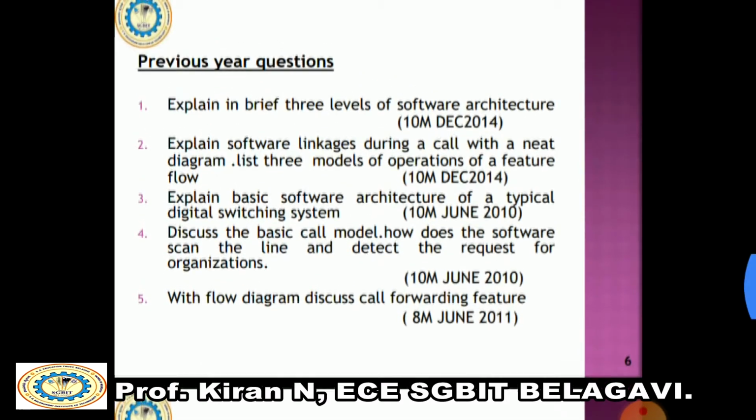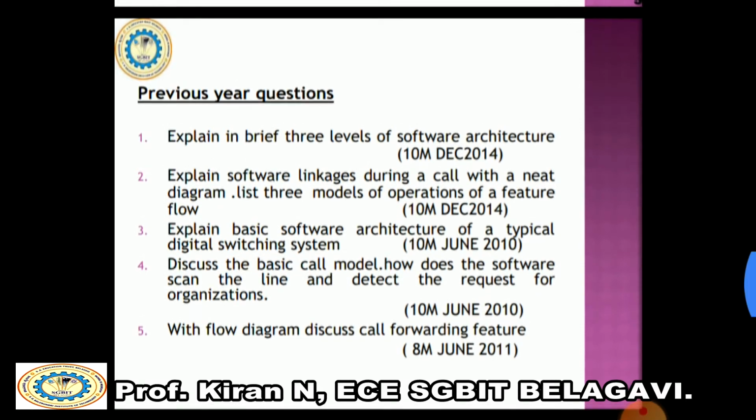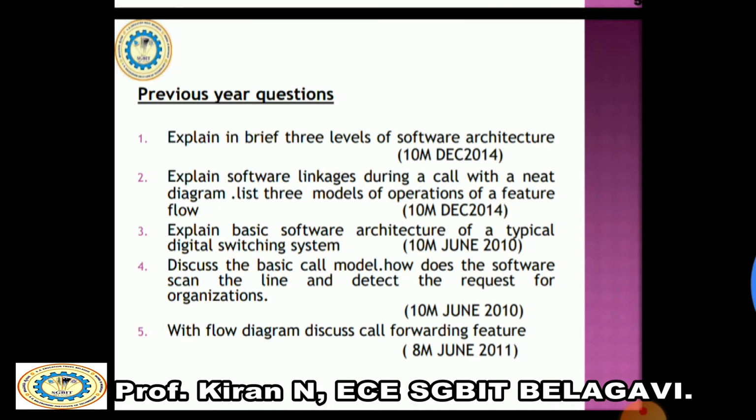If the number is valid, then subscriber A will get connected with subscriber B by the call forwarding telephone number. Once they get connected, subscriber B will start receiving ringing current and ringing tones.